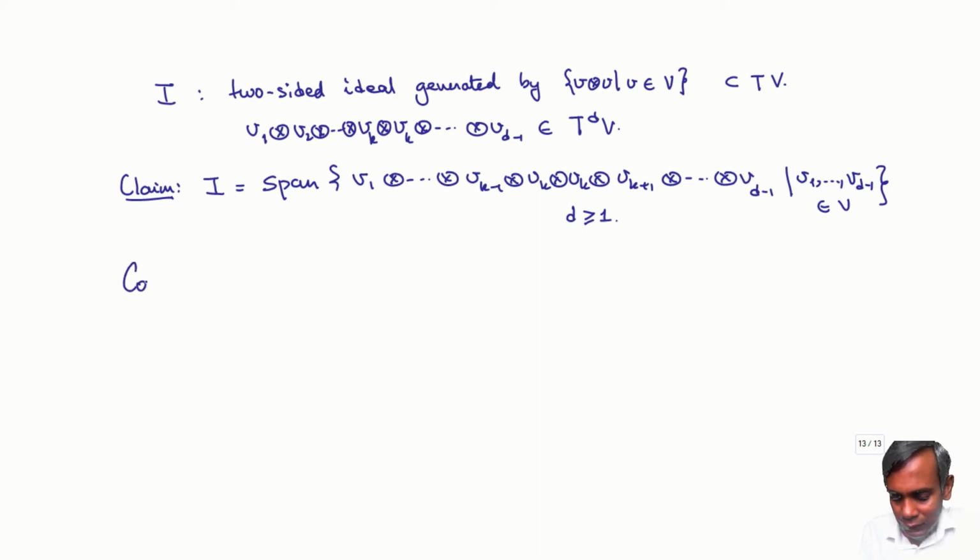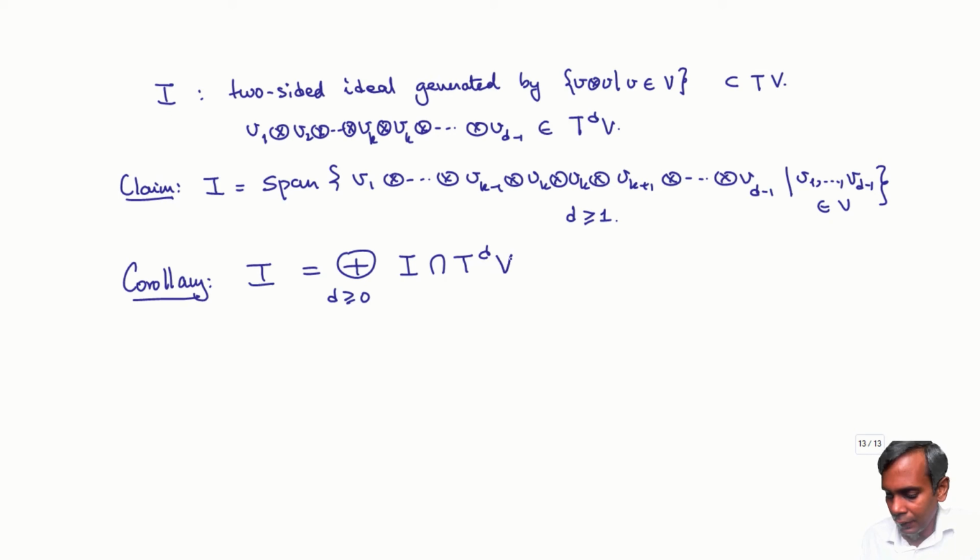A consequence of this is that I is the direct sum over d greater than or equal to 0 of I intersect T^d V. That means I itself is the sum of its intersections with the different degree d components of tensors.